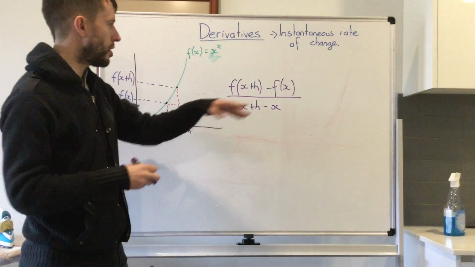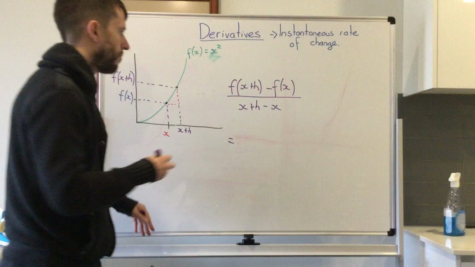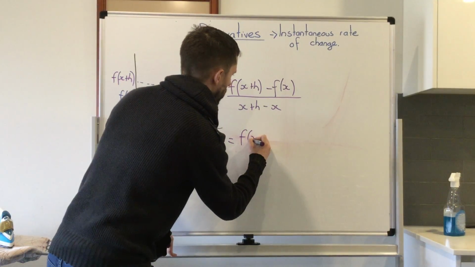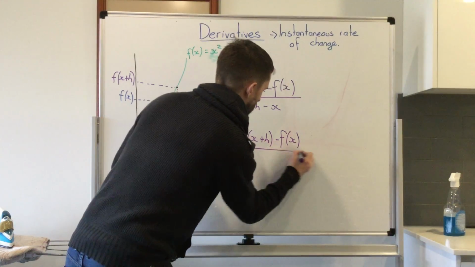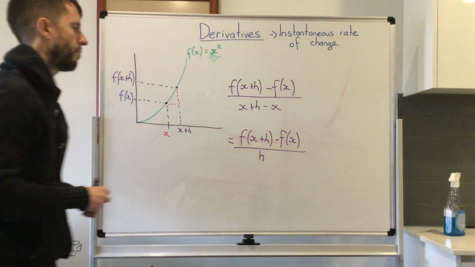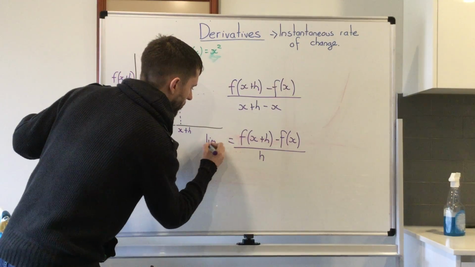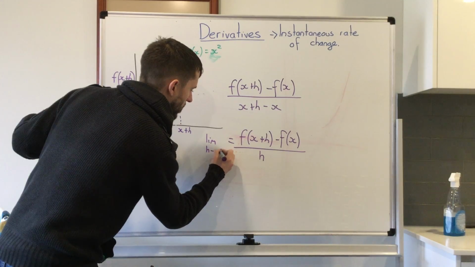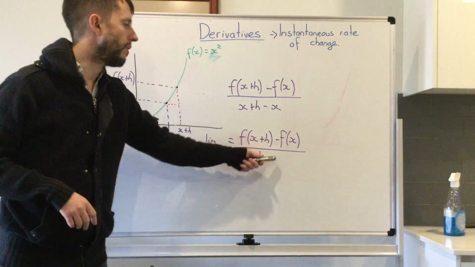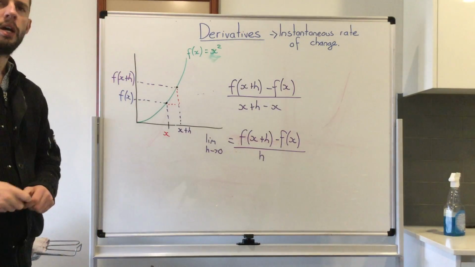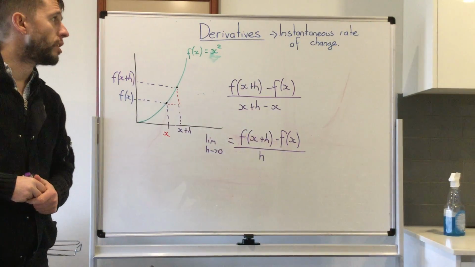Now this changes the formula because x minus x is just nothing. So it leaves me with the function of x plus h, take the function of x, divided by h. And this would be when I've got a limit of when h goes to 0, because we can't have h equal 0, because we can't divide by 0.